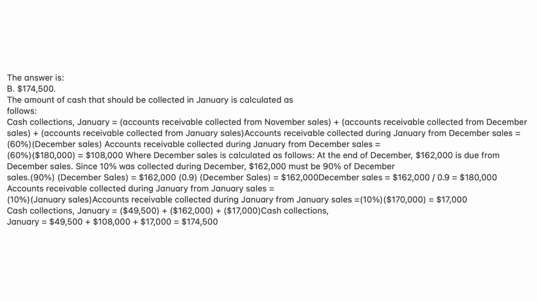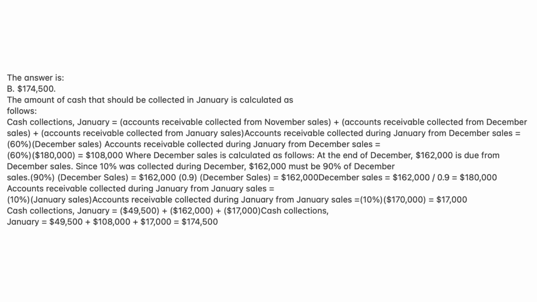Cash collections, January equals accounts receivable collected from November sales, plus accounts receivable collected from December sales, plus accounts receivable collected from January sales. Accounts receivable collected during January from December sales equals 60% of December sales, which is 60% times $180,000, equals $108,000, where December sales is calculated as follows.